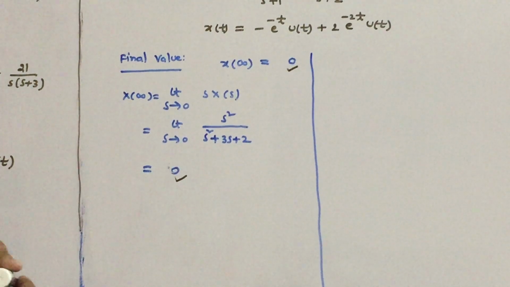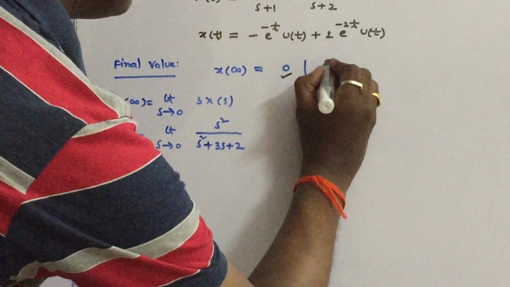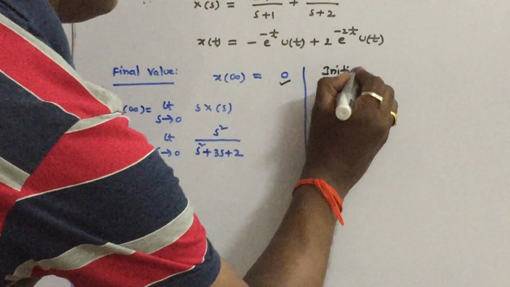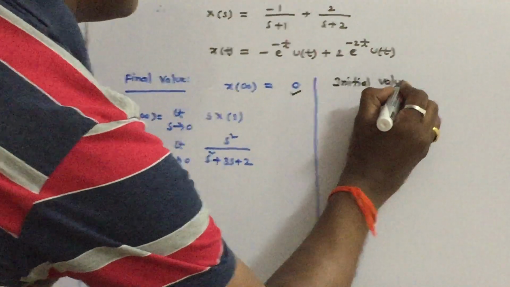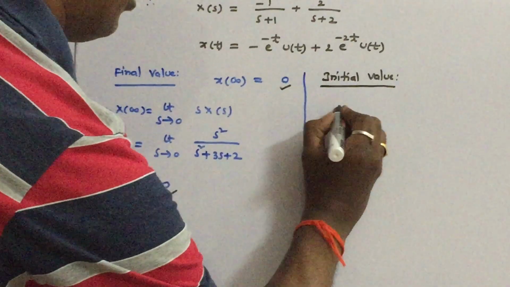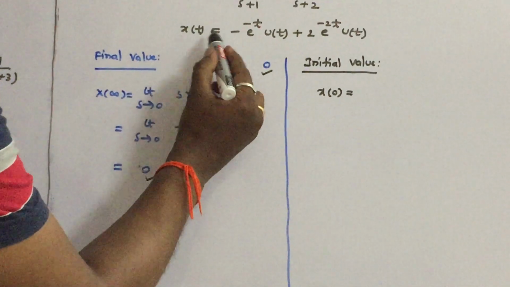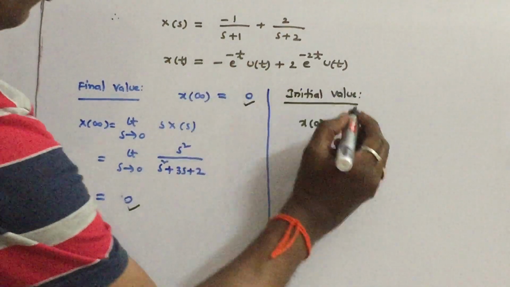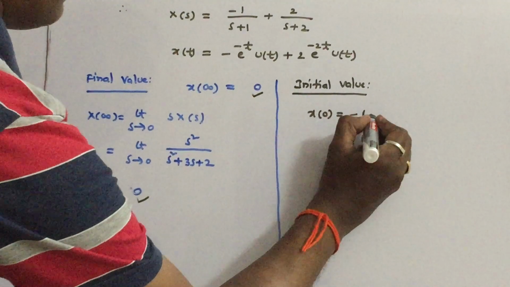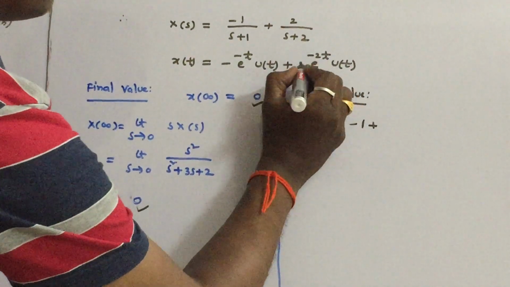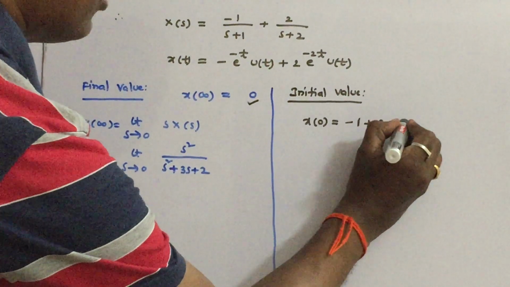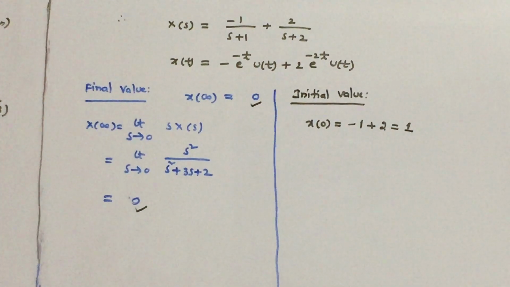So let us verify the initial value. What is the initial value formula? X of 0 in time domain. If you substitute 0 here, minus e power 0 is 1, so that is minus 1, plus 2 into e power 0, which is 1, it will become 2. 2 minus 1 will become 1.